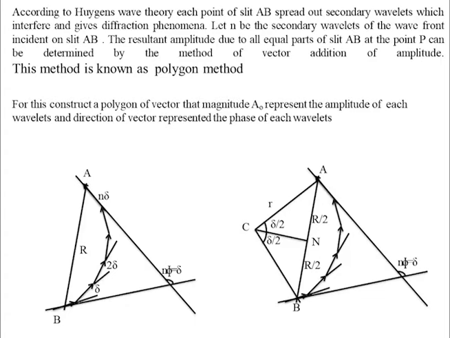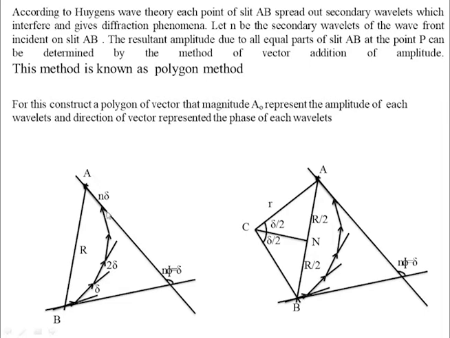According to the Huygens wave theory, we assume that the plane wavefront reaching the slit AB spreads out secondary wavelets which interfere to give the diffraction pattern on the screen. Let us assume that there are n number of secondary wavelets incident on the slit AB.